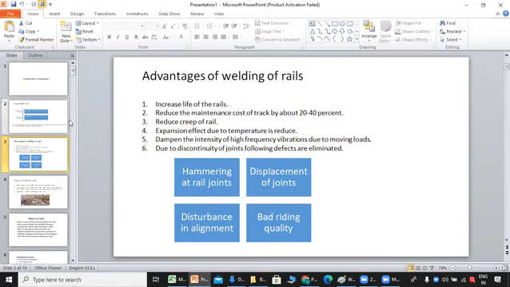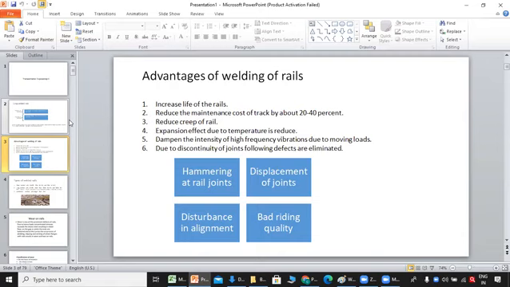Instead of implementing a new rail, if you want to reduce the maintenance cost, we do the welding at that particular section.